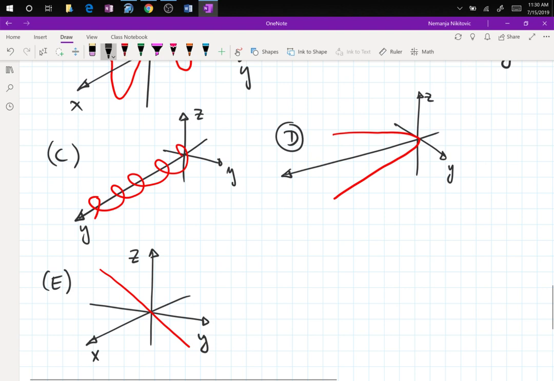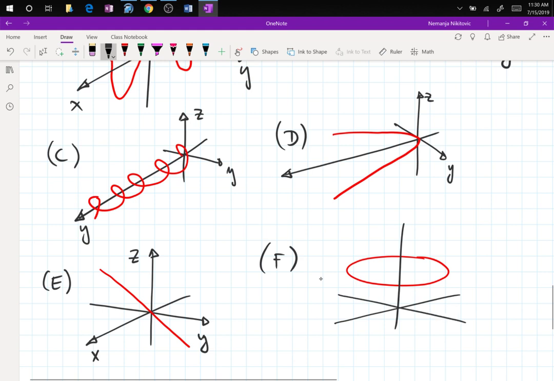And finally, F will be the circle which levitates above the plane. Great.